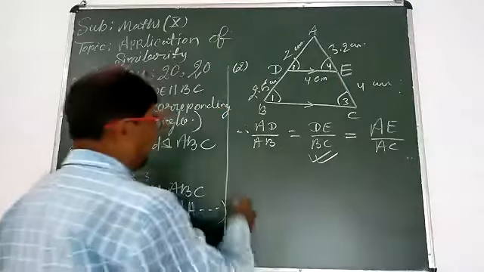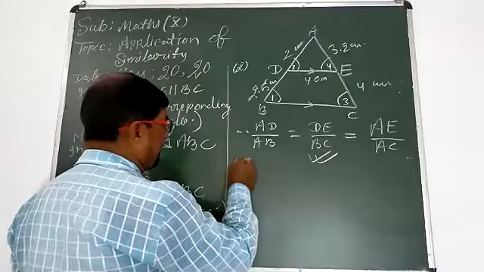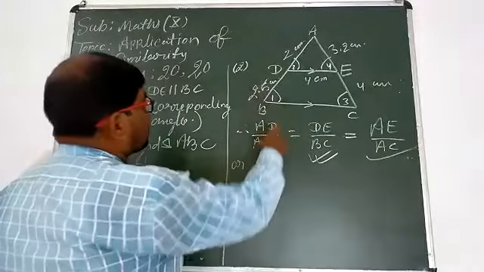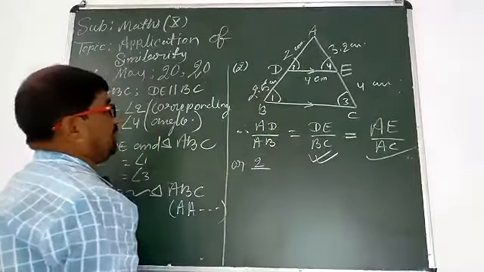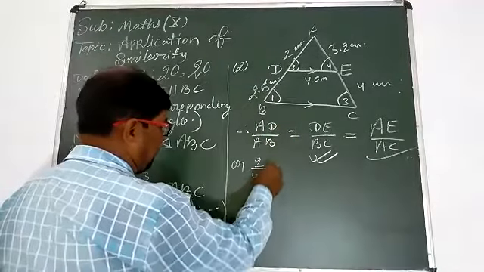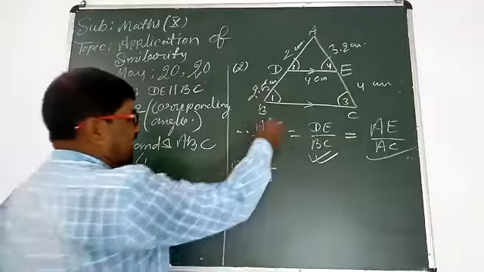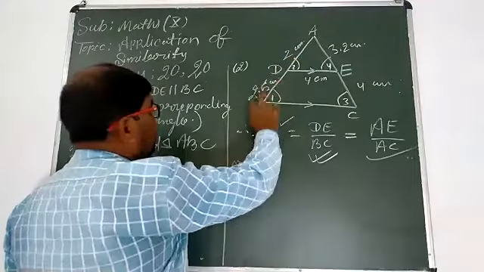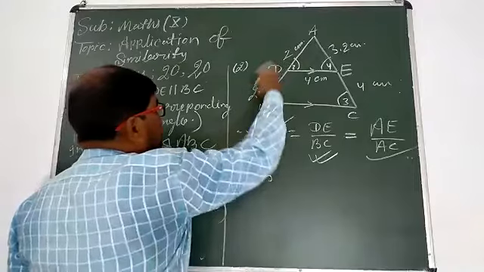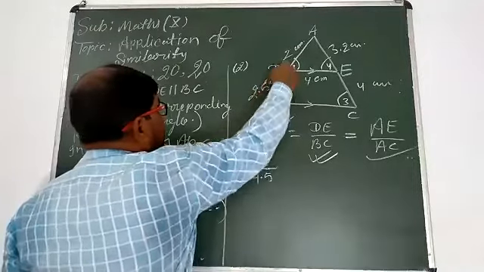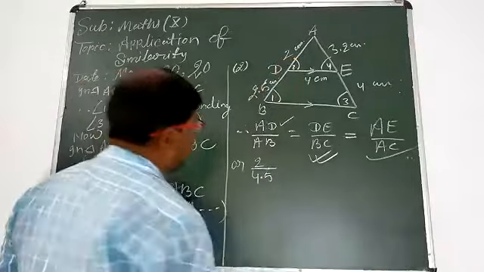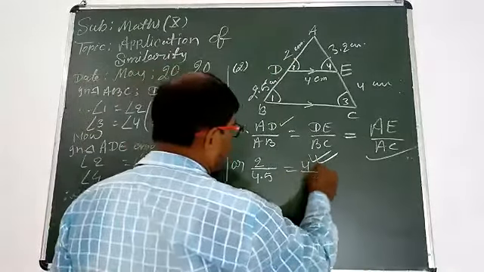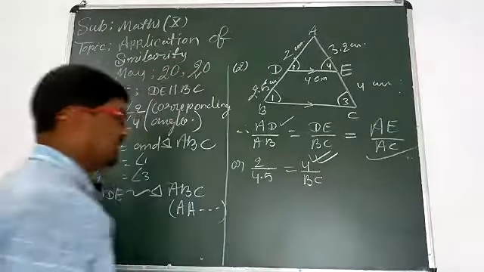AD equals 2, and AB is AD plus BD, which is 2 plus 2.5, equal to 4.5. Here DE is 4, and BC is unknown.